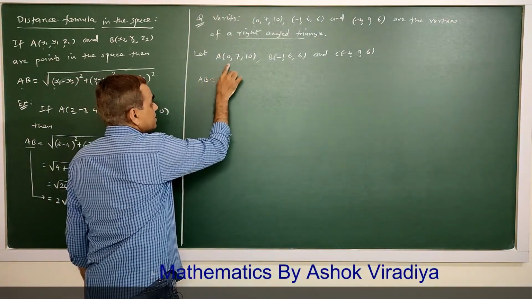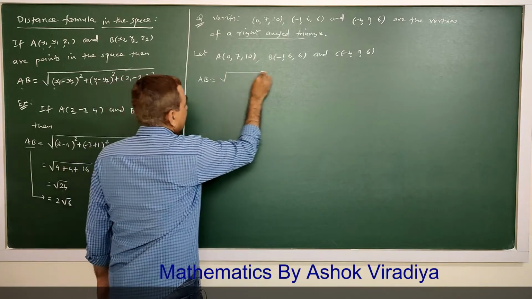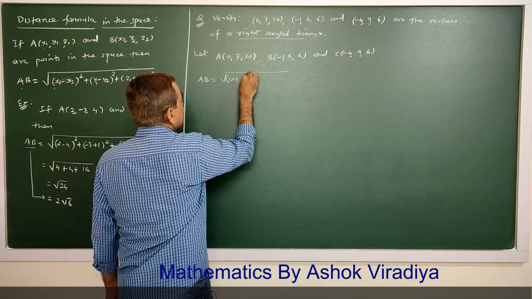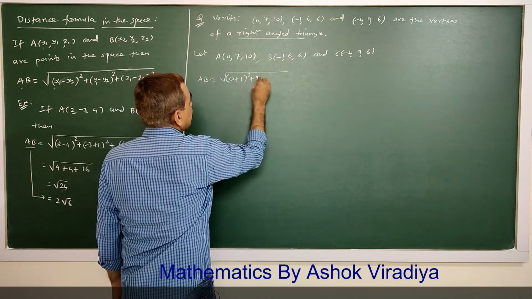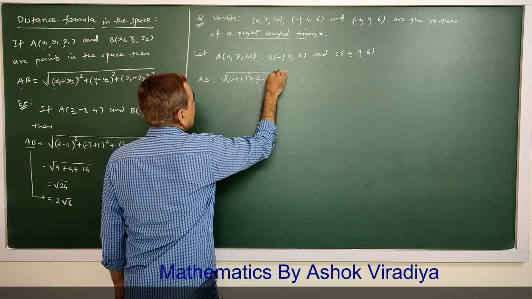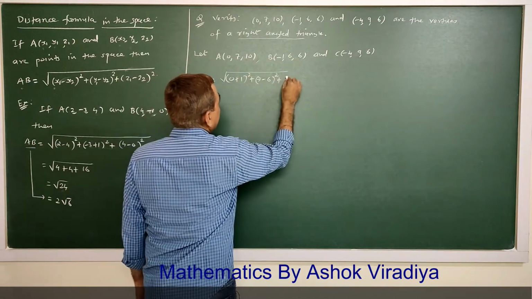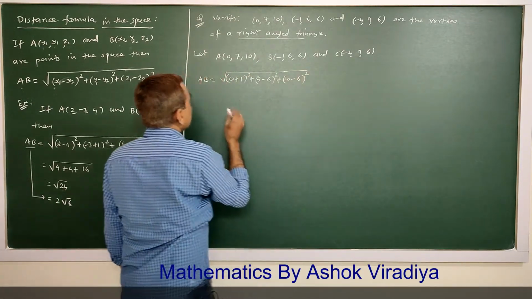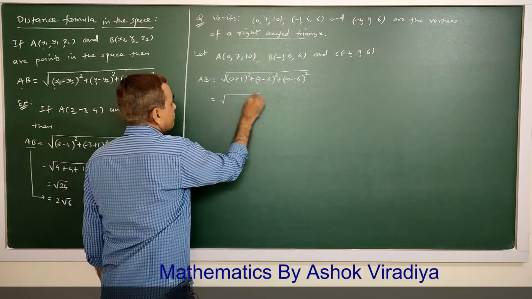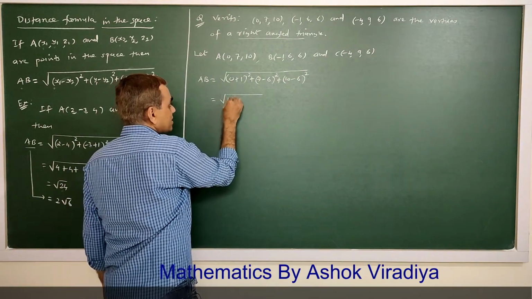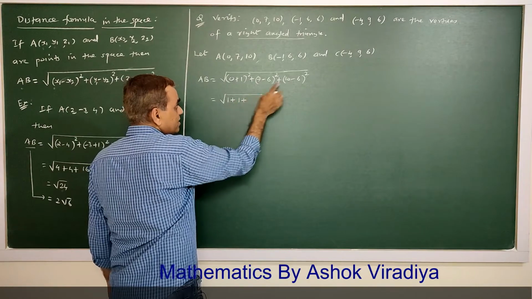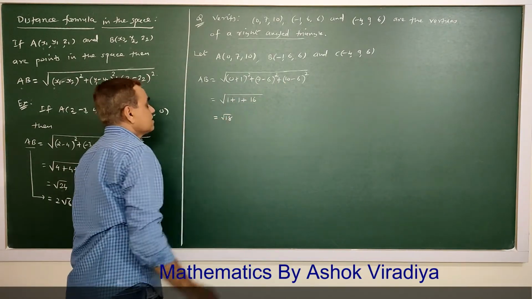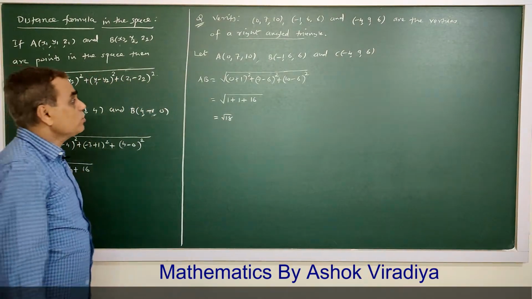Here AB is the square root of (x1 minus x2) square plus (y1 minus y2) square plus (z1 minus z2) square, that is the square root of 1 square is 1, again 1 square is 1, 4 square is 16, so it is root 18. AB is root 18.